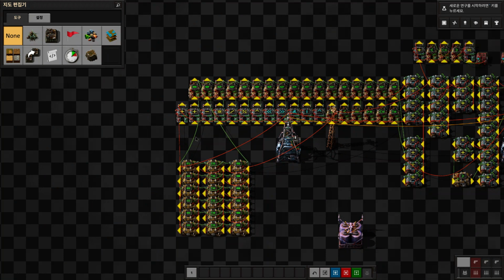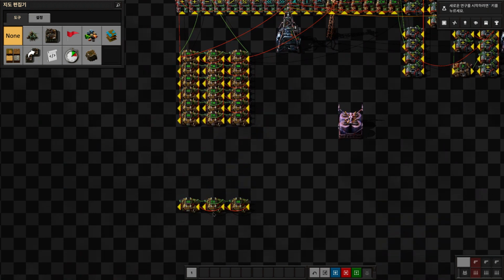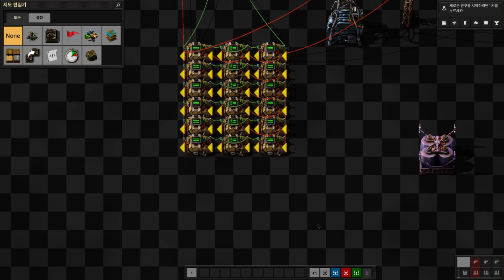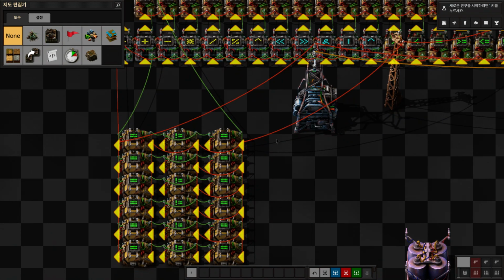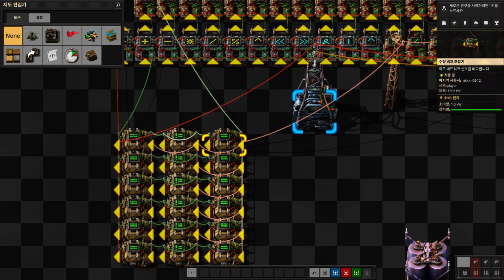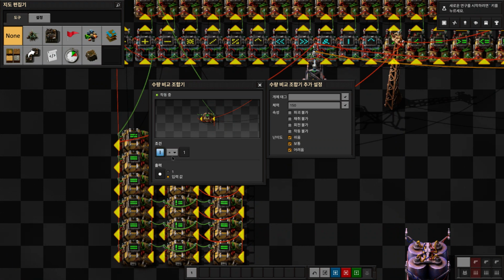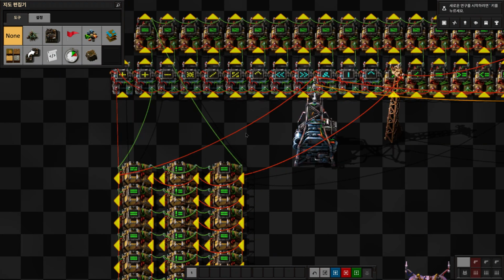If you see the RAM first, this is a basic structure, and there's two inputs, green wire and red wire, and there's two outputs, green wire and red wire. So in red wire there's I signal and O signal, and in green wire the dot signal goes in.